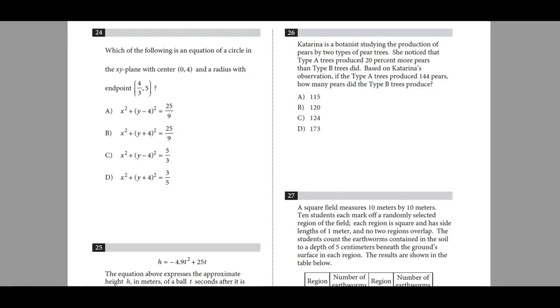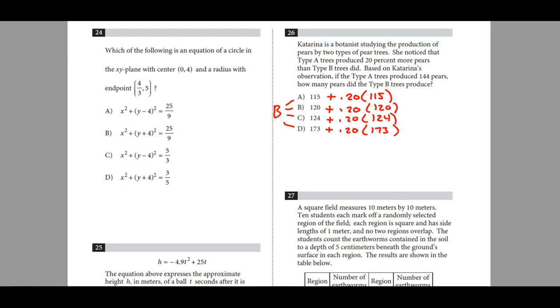Another way to do it would just be to try their answers. If these are all the type B possibilities right here, and we know that A is 20% more than that, just add 20% more to each of these. Add 0.20 times 124 and add 0.20 times 173.